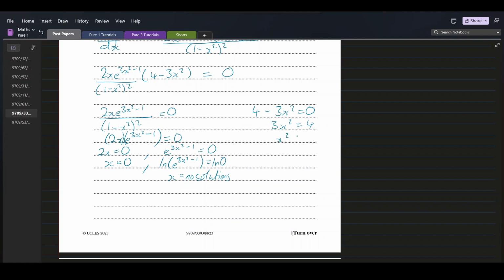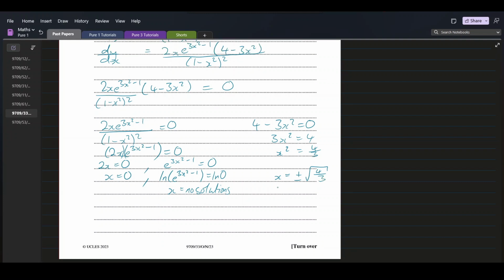So x² is equal to 4/3. Take the square root of both sides. x is equal to plus or minus the square root of 4/3. And we can simplify this to be x is equal to plus or minus the square root of 4 over the square root of 3. The square root of 4 is 2, so that will be 2 over root 3.